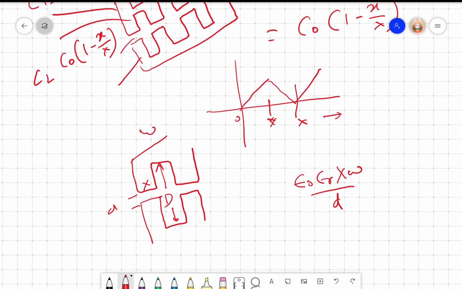I call it capital D. Then I would still have another capacitance. Please remember they are in parallel, so the capacitance will simply add up, plus epsilon r X W by capital D, right?